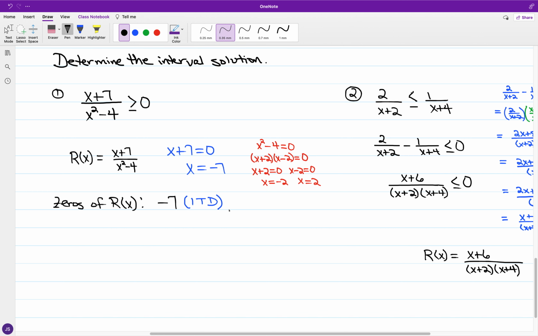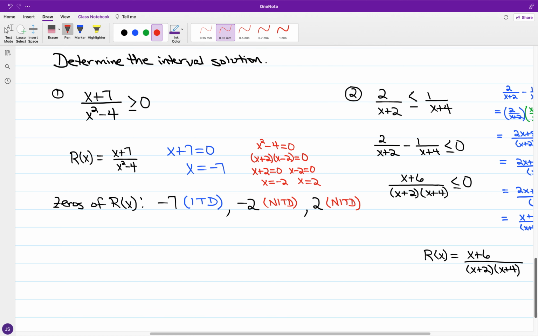Whereas with -2 and 2, those other zeros stem from x squared minus 4, which is located in the denominator, and those would cause the bottom part of the fraction to be 0, which is not in the set of real numbers. So -2, again, not in the domain. And 2, again, not in the domain.